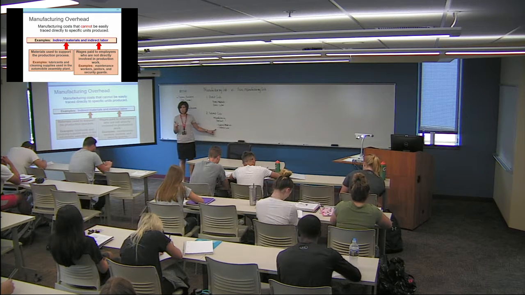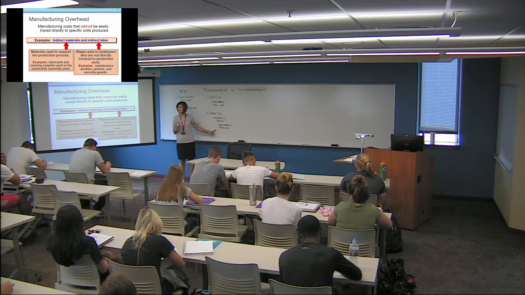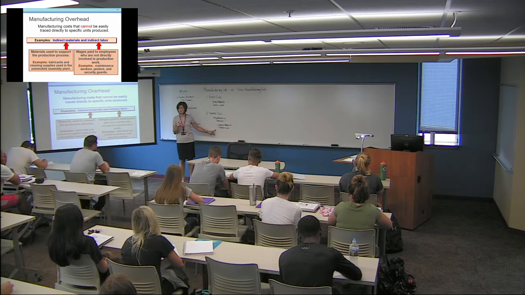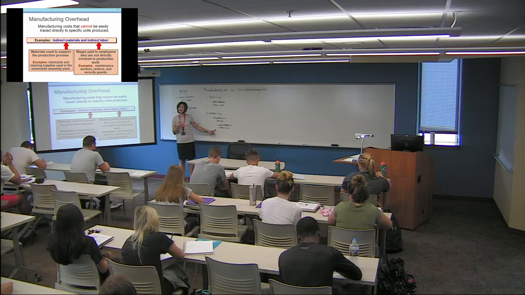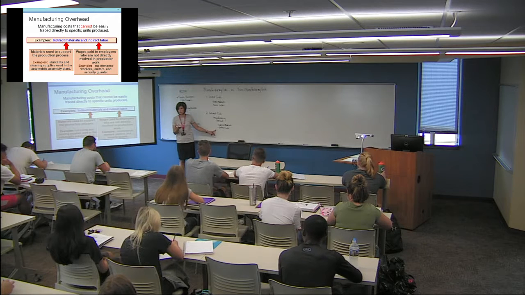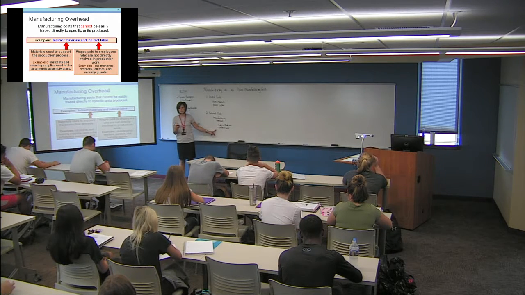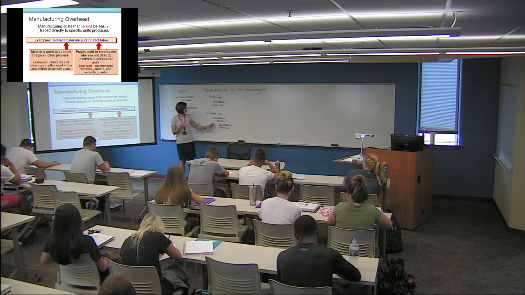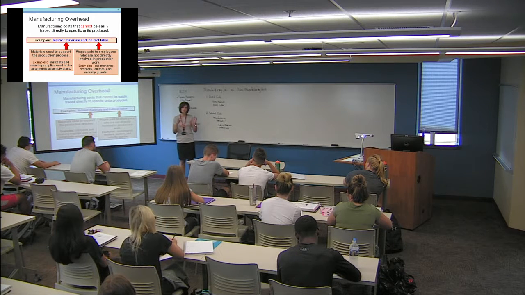Now, the other thing I need you to keep in mind while we're doing this is every business is different. These classifications are for our internal benefit only. We're not sharing this information with people outside of our company. People outside of our company don't care. They're interested in our financial statements, not in how we arrive at all those numbers. And so, you and I may have some discrepancies over a certain cost.